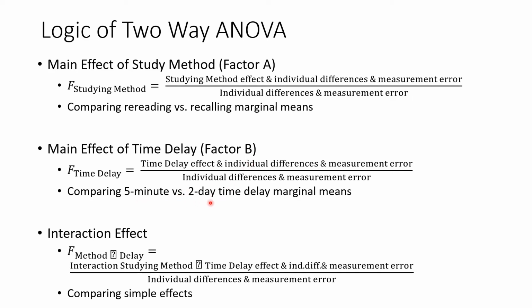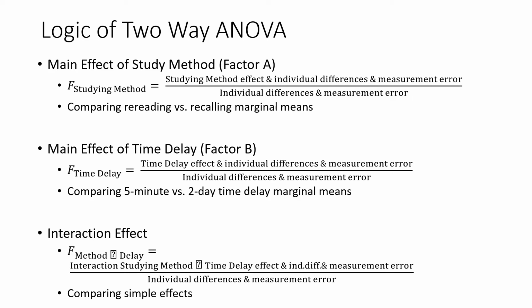And if the null is true, that variability would be close to 0, and you would get an F value close to 1. Of course, if you get an F value a lot greater than 1, that would indicate that there is some variability created by these two different conditions, and then you'd want to analyze it to figure out which group is better, and so on. And then finally, you have the interaction.